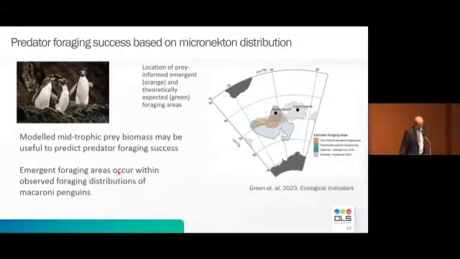Another example in the Antarctic is the predator foraging success of macaroni penguins. He was able to locate the prey emergent and theoretically expected foraging areas. This was done using the reanalysis of micronekton.